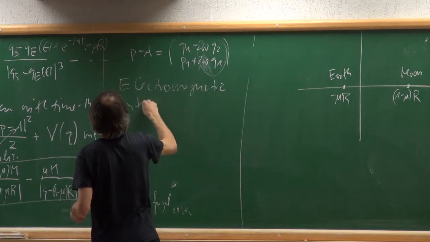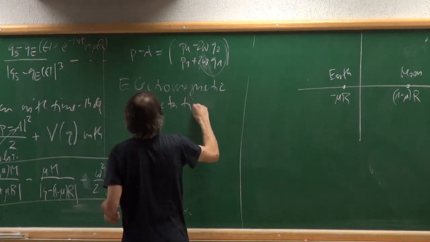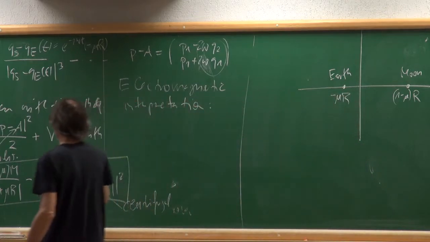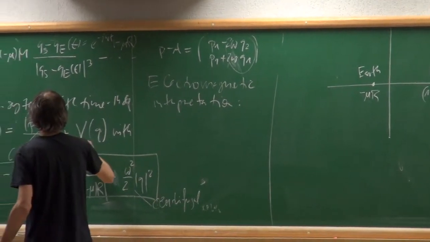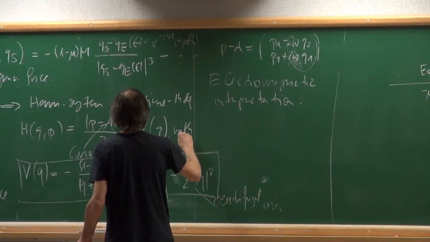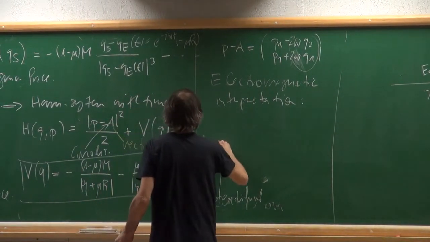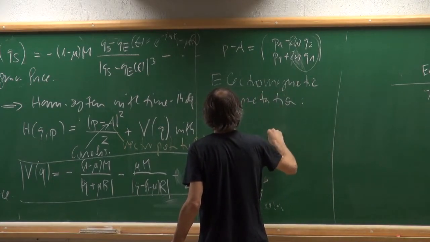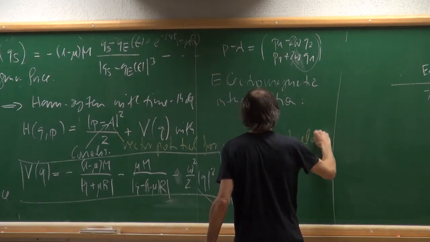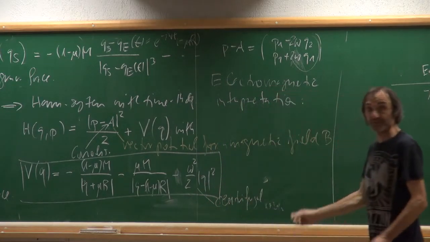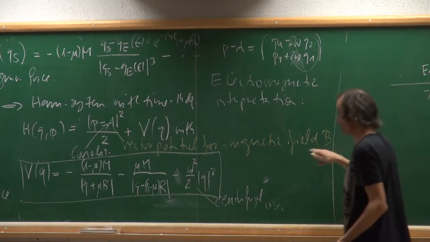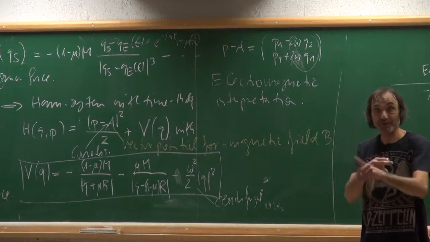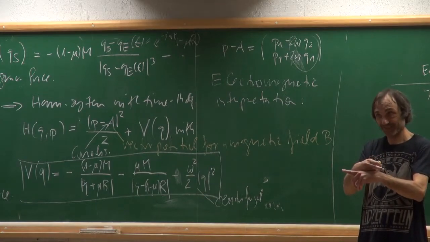An electromagnetic interpretation of this same system would say that this is a vector potential for a magnetic field, let's say B. Here the magnetic field B is just given by the Coriolis force, but this looks like the Lorentz force, yeah?